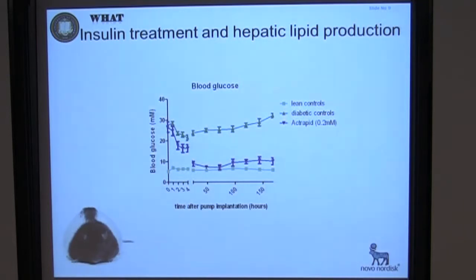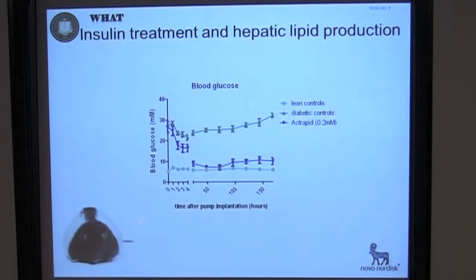I also did a study in diabetic rats, the so-called Zucker diabetic fatty rat, which has a non-responsive leptin receptor. So it eats a lot, it's very hyperphagic. And around 12 weeks of age, they turn diabetic. And so I treated those with insulin again, chronic insulin infusion, by implanting a little pump under their skin.